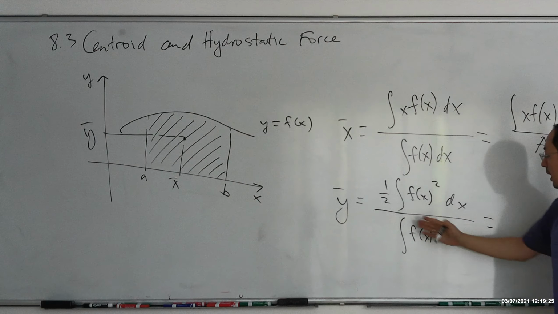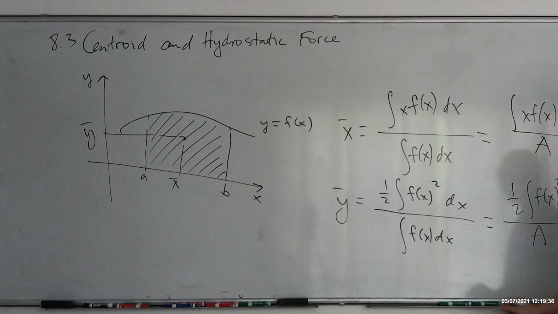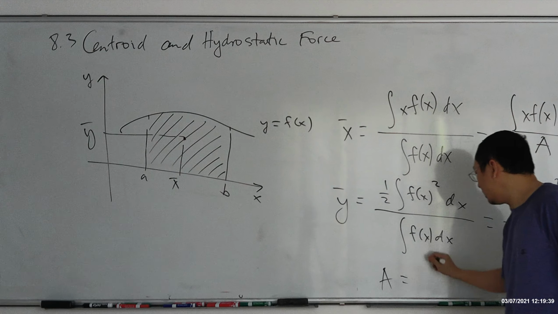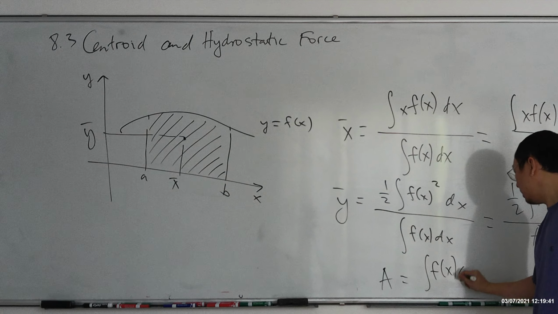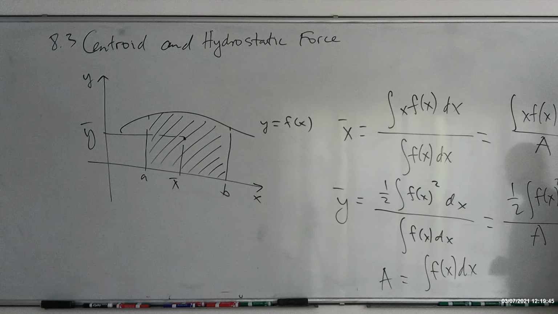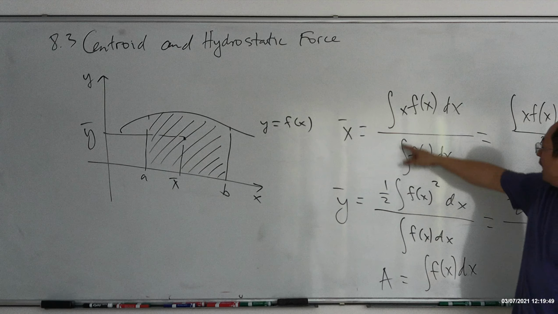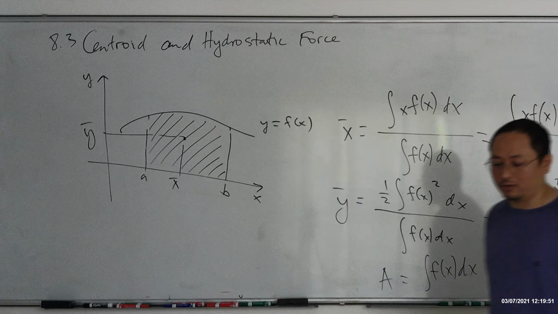Our textbook does not want to write the integral twice, so it's denoted by a, and they write 1/2 integral of f of x squared dx over a. Again, a is the integral of f of x dx. It's the area of that thing. It's supposed to be the mass, so multiply by the density rho. But we have rho on top and bottom, so they cancel out. That's what it is.